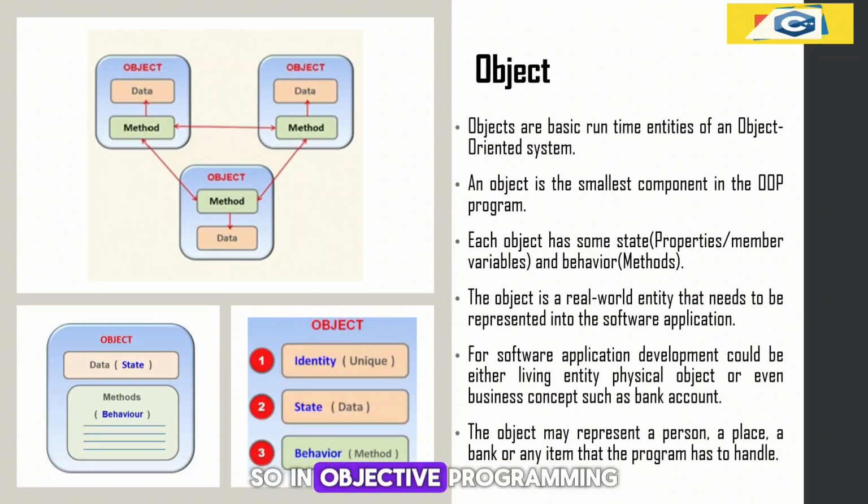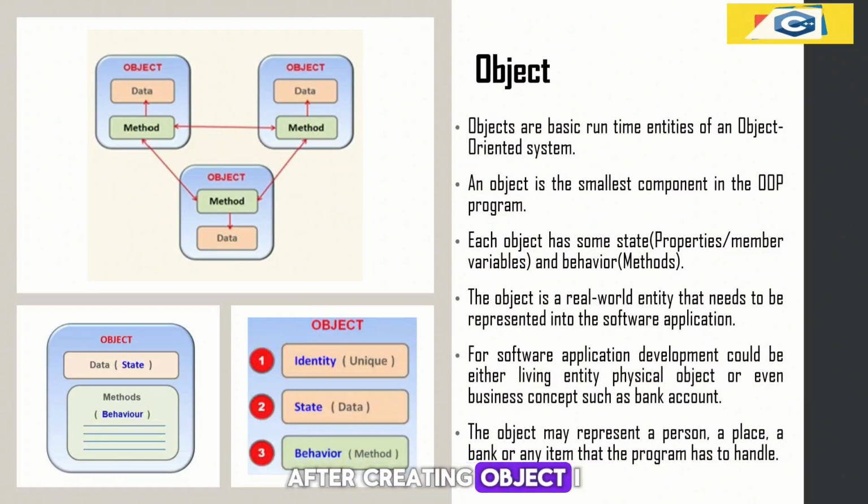So in object oriented programming, when I need an output, that means when I need to call the member function of the class, we don't simply write the name of the member function. We have to create an object with the class name.